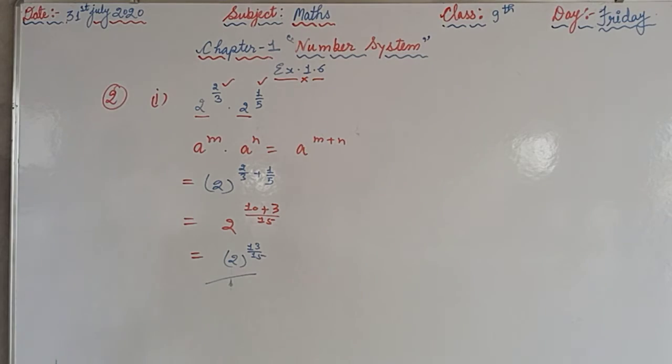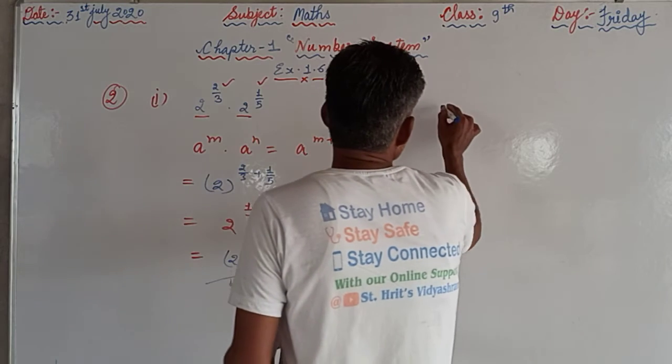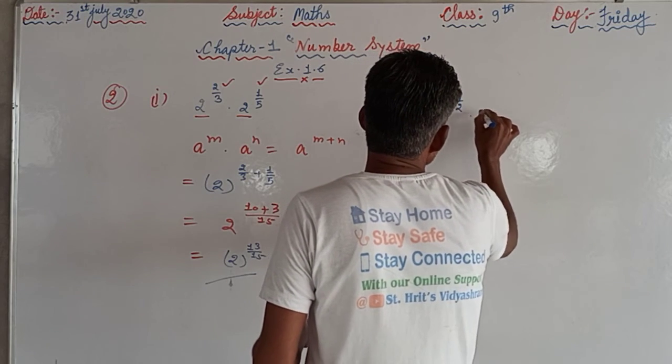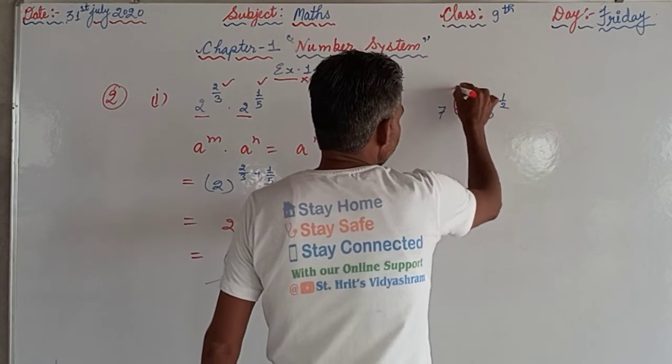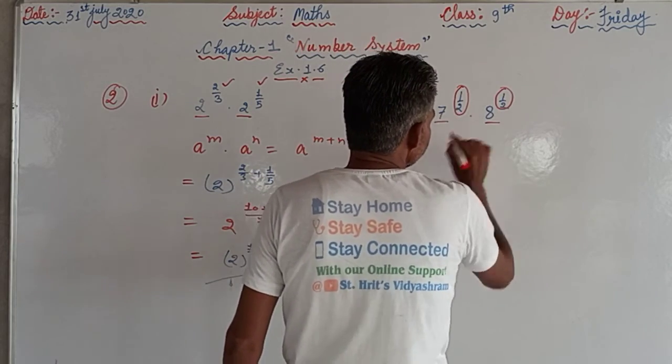Like this we can try the questions of this exercise. At the same time one different question is there in which 7 raised to power 1 by 2 into 8 raised to power 1 by 2. Here we can see the powers are same and the bases are different.